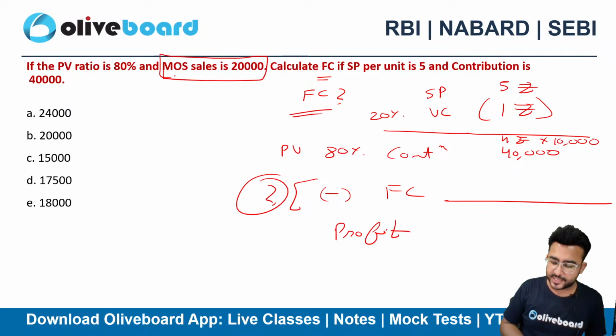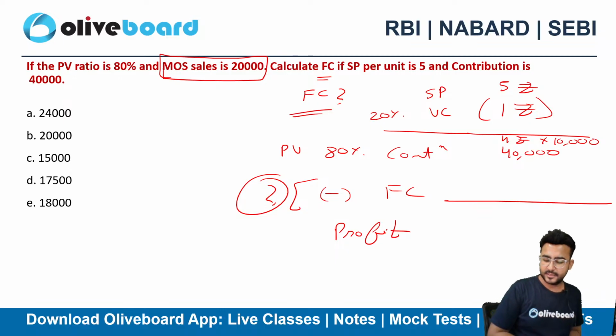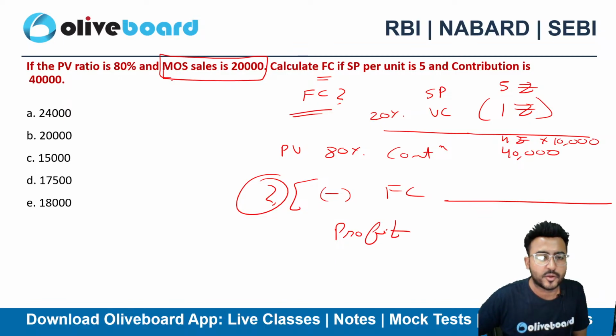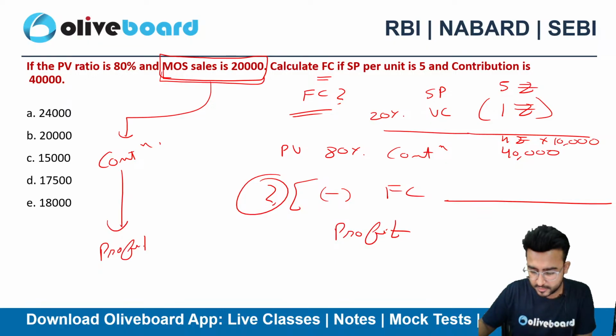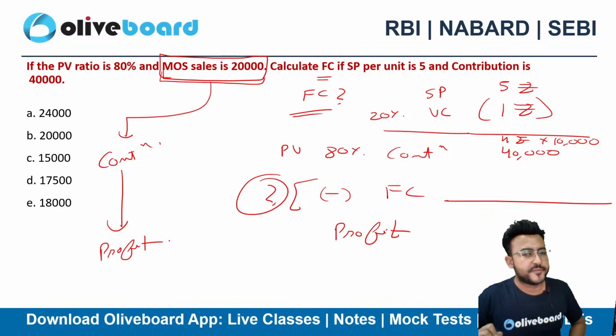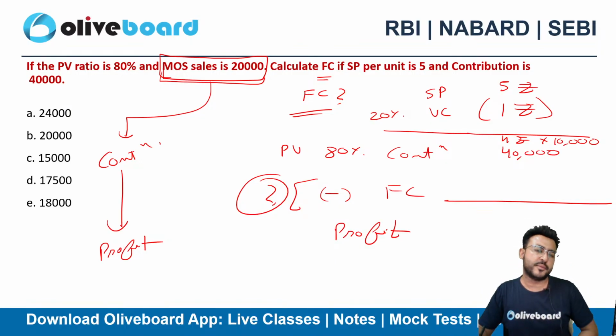and if you guys have attended the paid class, you must have learned a term or a line. Whatever I earned on margin of safety sales, whatever margin of safety sales is contributing, it is directly contributing to profit. Why? Because fixed cost I have already covered on the break even sales.